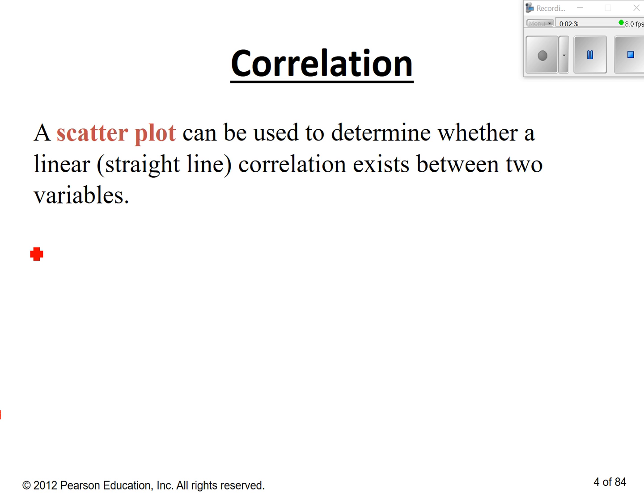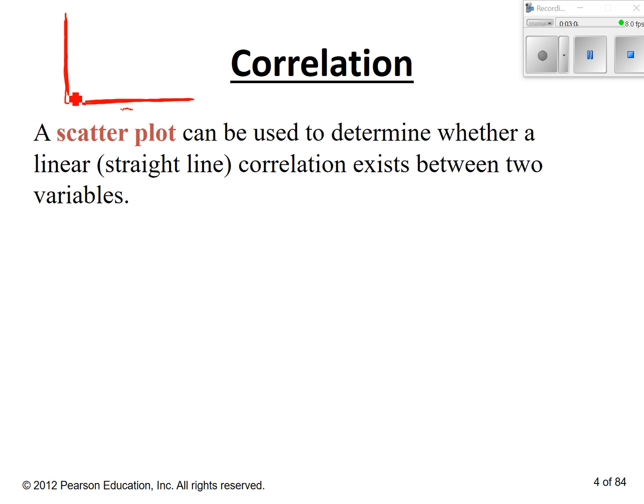A scatter plot can be used to determine whether a linear correlation exists between two variables. All that means is, if we're looking at some graph, we want to know as the x gets bigger or smaller, as whatever we have on this axis goes out farther, what happens to the y value?